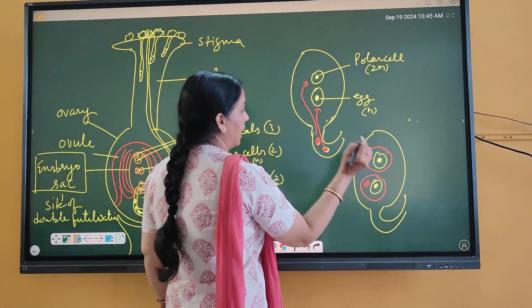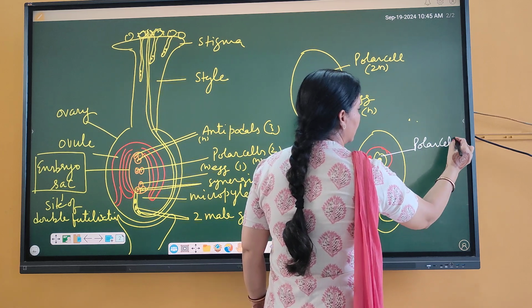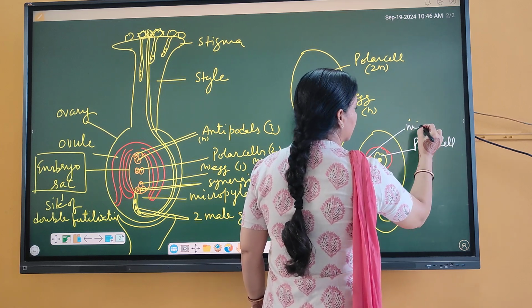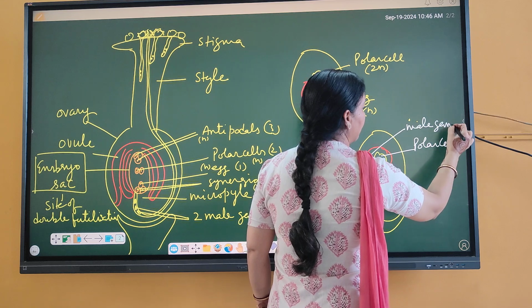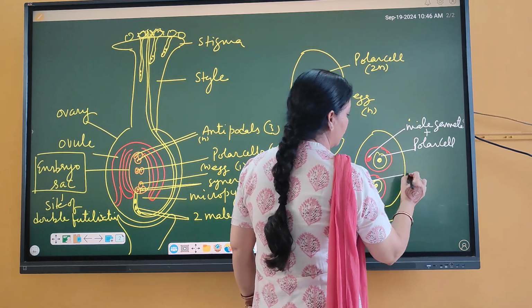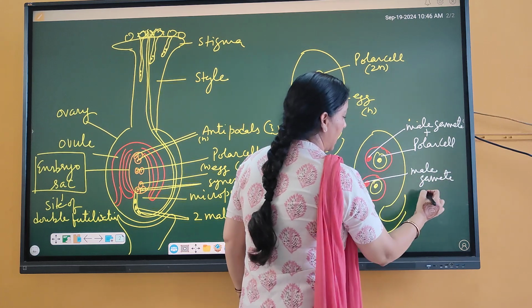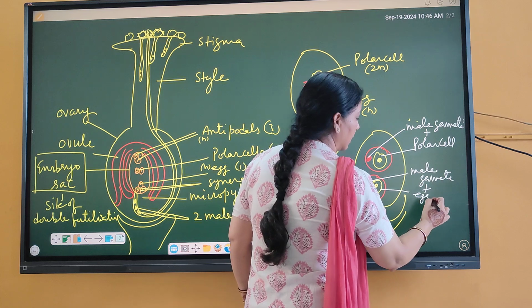So what is our labeling now? This is showing polar cell and this is male gamete. They are fusing, and here it is showing the fusion of 1 male gamete and this is the egg. Fine.